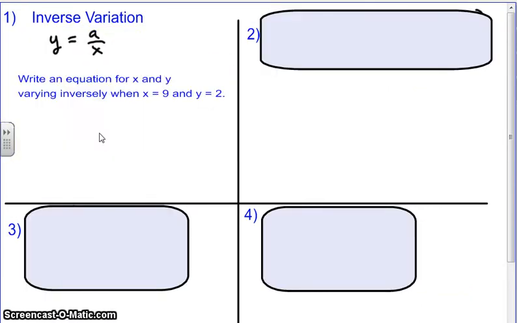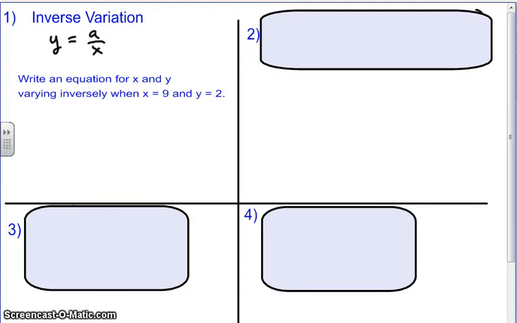So one question might be, write an equation for x and y varying inversely when x equals 9 and y equals 2. You immediately write this little model down. And then we use what method for writing this equation?